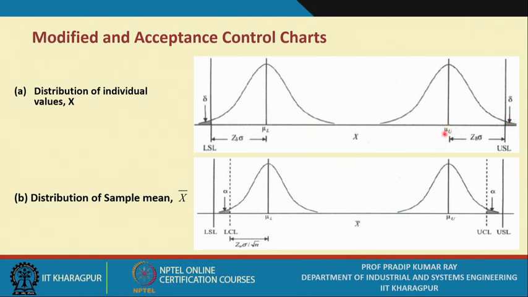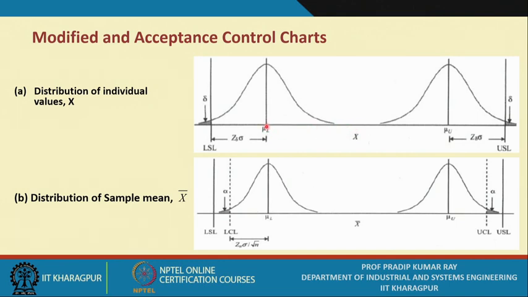Now you determine the value of mu U in such a way that the proportion non-conforming is restricted to delta. Similarly, suppose there is a downward drift, that means on this side the mean value may move.